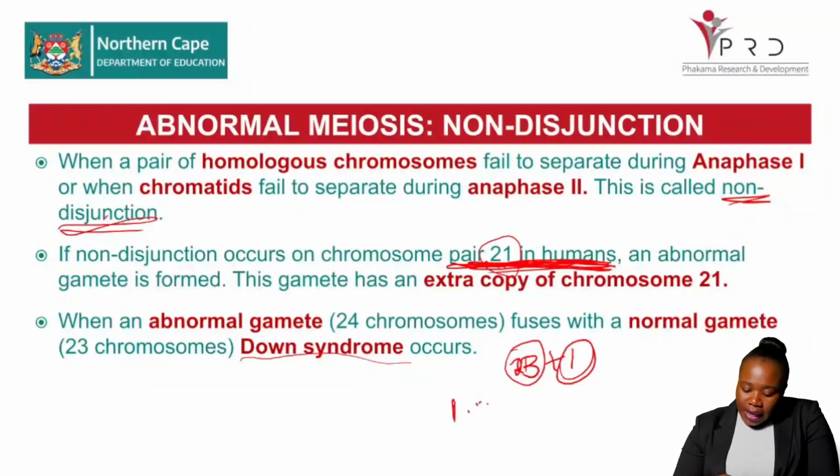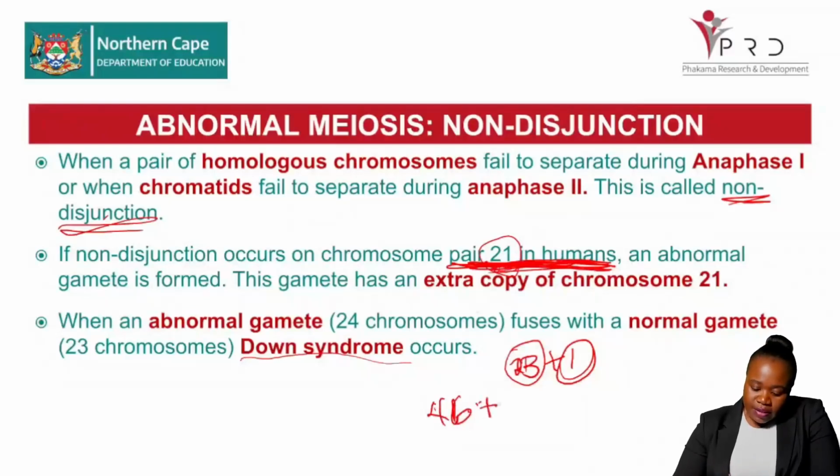right? Now, because that cell would now be abnormal and it is then going to be fertilized by a normal sperm, it means that you are going to have 46 chromosomes, 23 normal from the sperm and 24 from the ovum. We're going to have 46 plus 1. So there is that extra chromosome, and we say that that leads to Down syndrome.